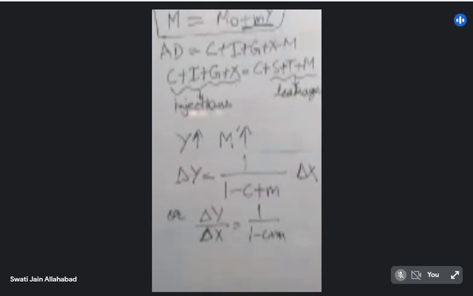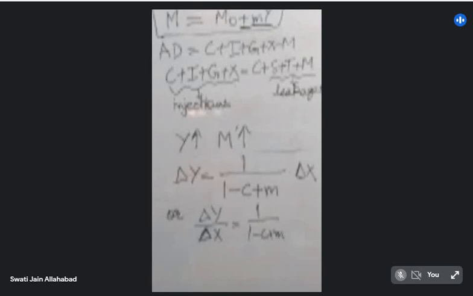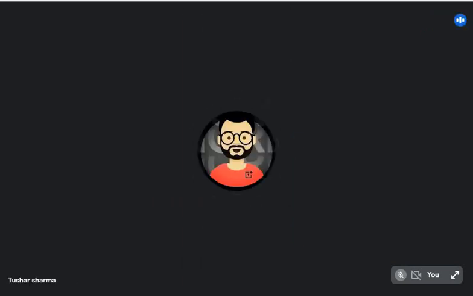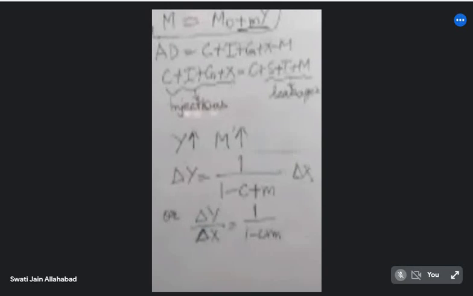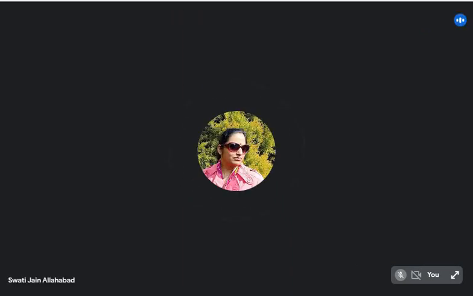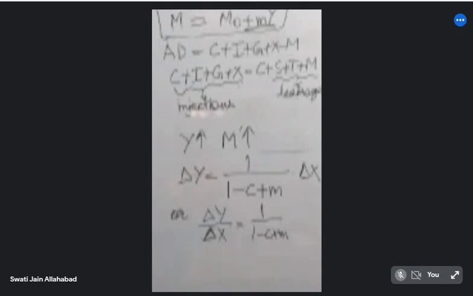And understand that the higher the leakages, the lower will be the increase in income. The higher the injections, the higher will be the increase in income. Is it okay? Are you able to understand it? Any question? Any doubt?